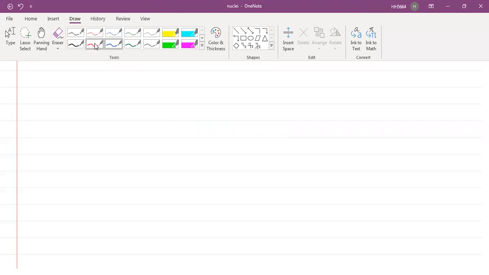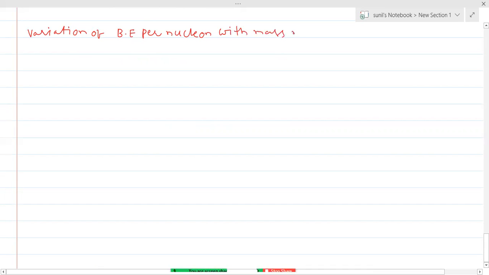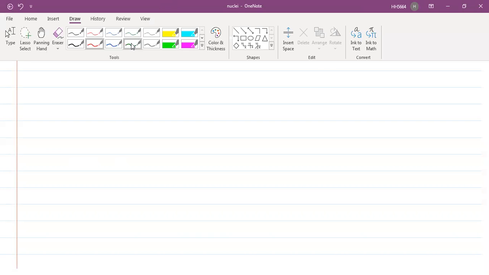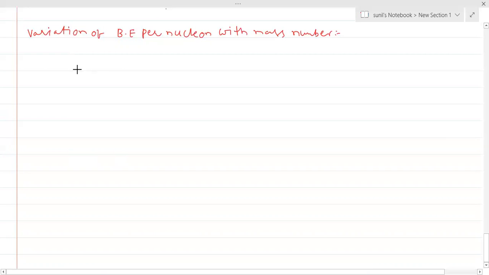After discussing binding energy, we look at the curve of variation of binding energy per nucleon with mass number. First we will understand how to plot the curve.